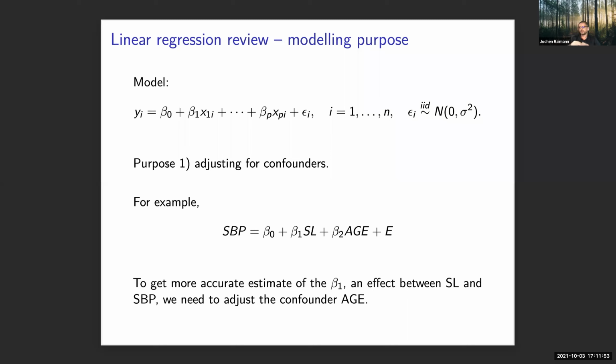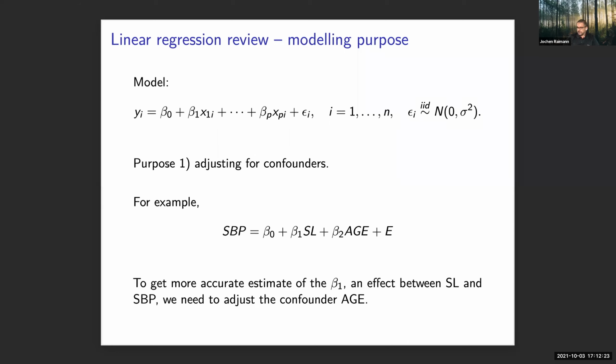The purpose of this is really the adjustment for confounders. Confounders, by definition, are variables that associate with the exposure as well as with the outcome, and are notably not on the causal pathway. For example, SBP can be beta 0 as the intercept plus beta 1 multiplied by the serum glucose plus beta 2 multiplied by the age plus the residual error.